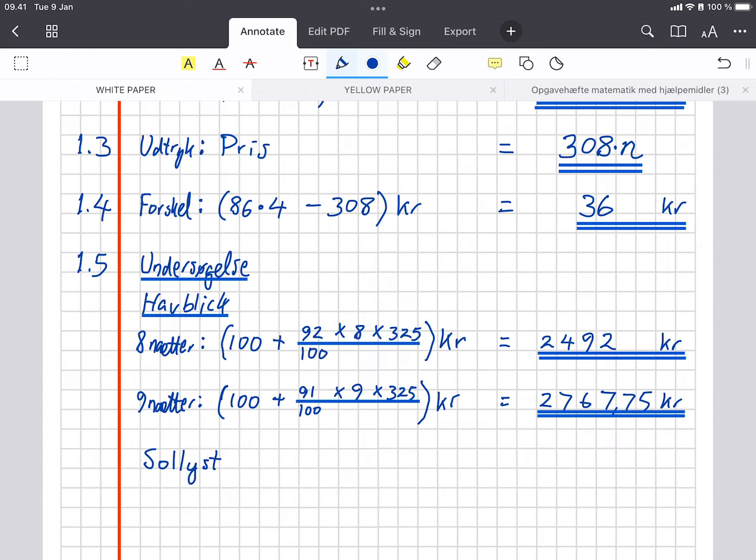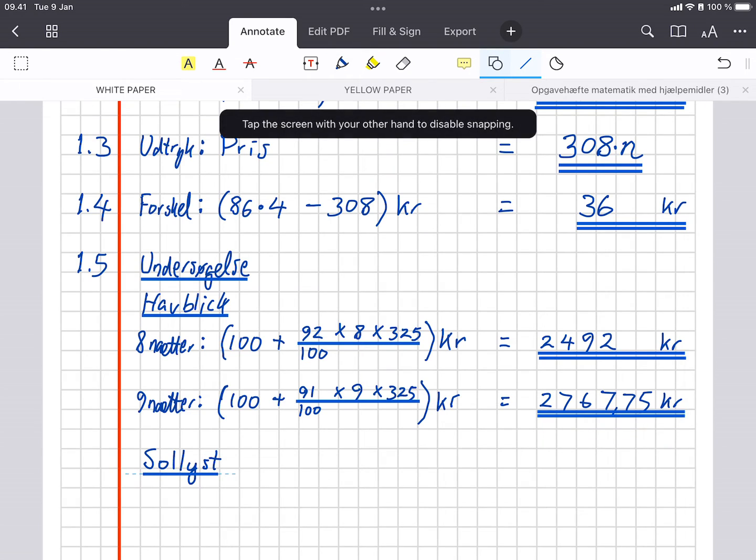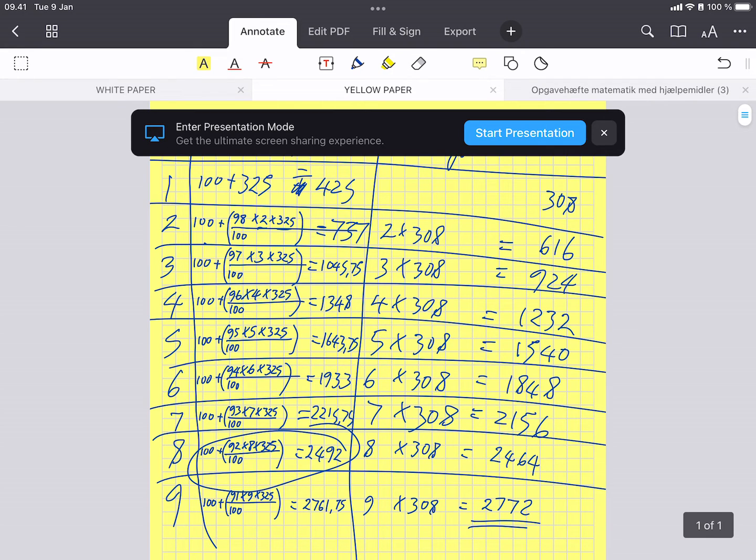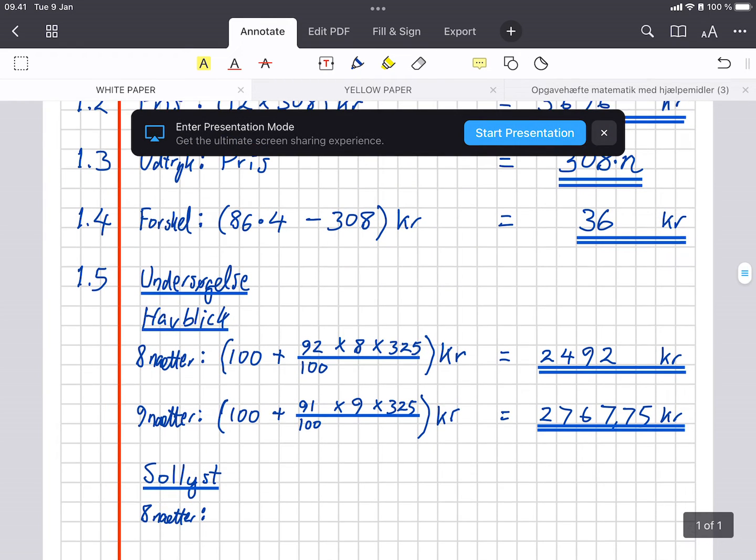So 8 nights there cost, it was just number of nights times 308.